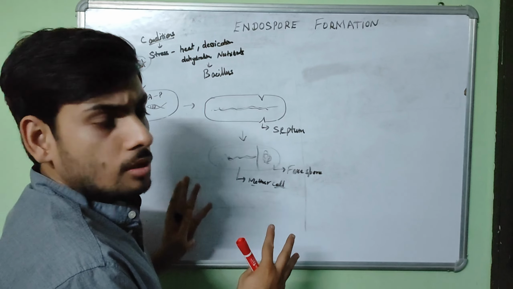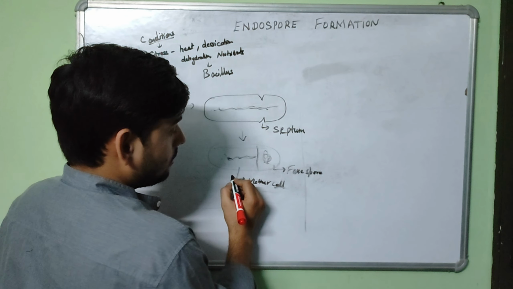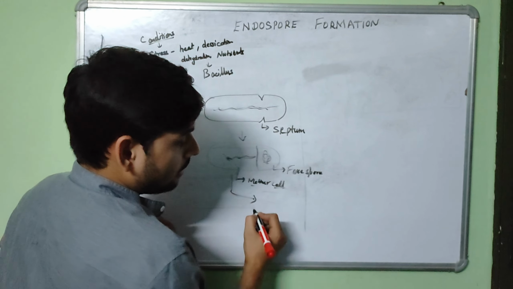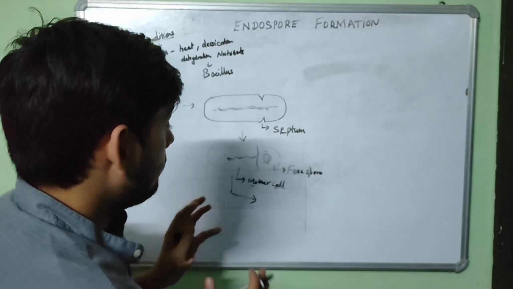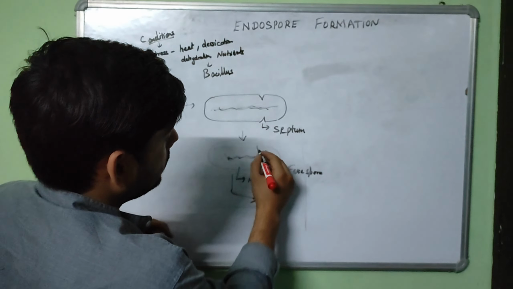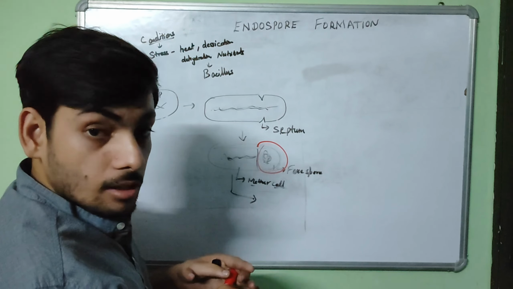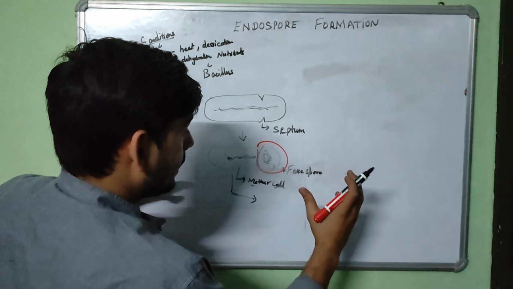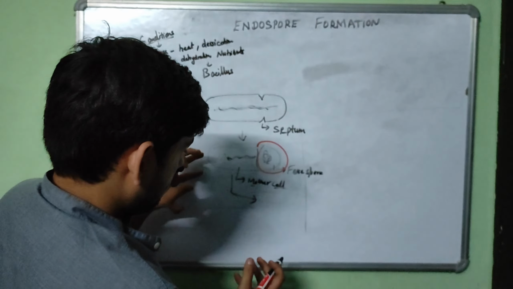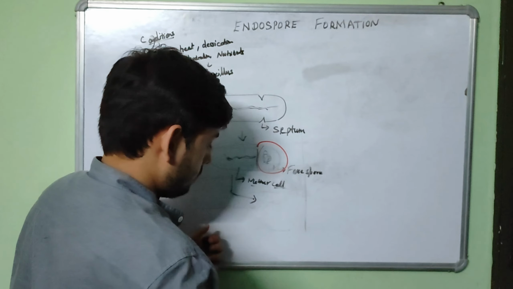Basically they are two, but they are one in itself. Then this mother cell will try to eat up this forespore, so that this part gets engulfed into the mother cell itself. It will happen like this.